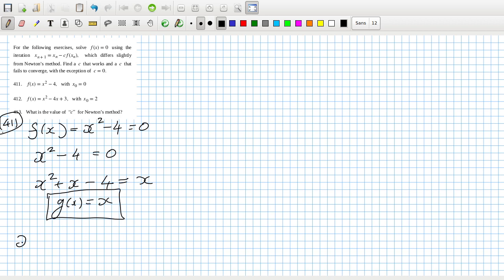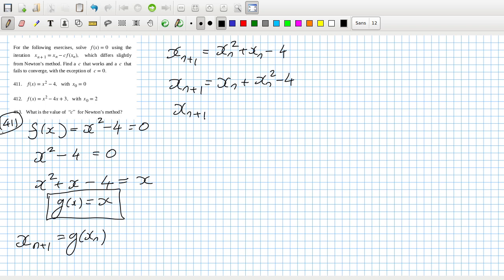So you could actually have this equation, xn plus 1 equals g(xn), and xn plus 1 would equal xn squared plus xn minus 4.